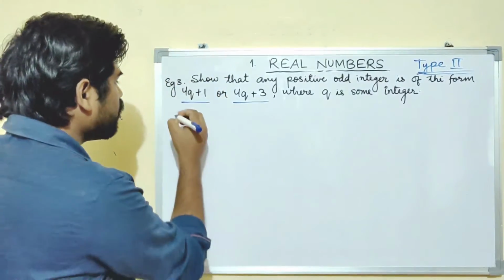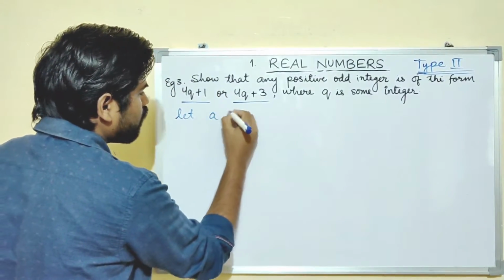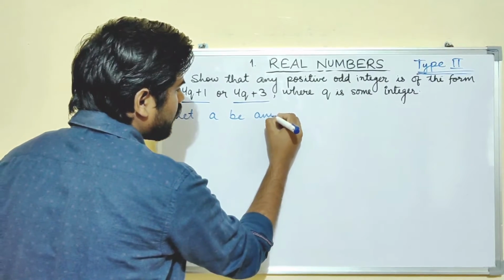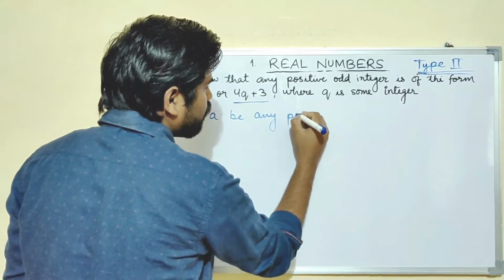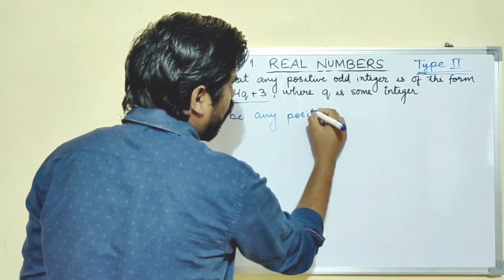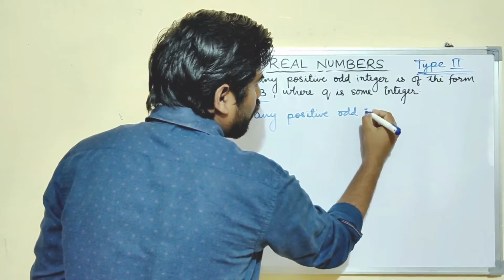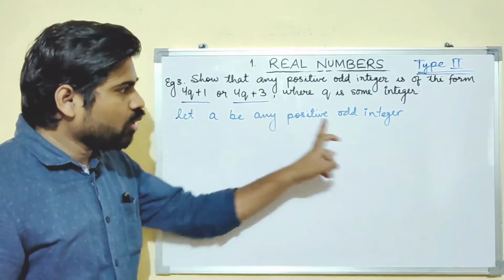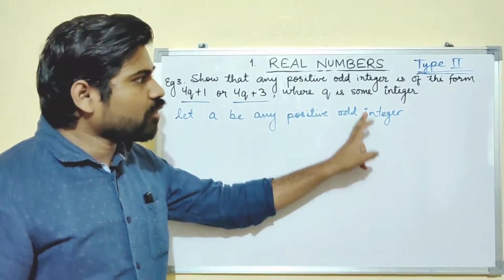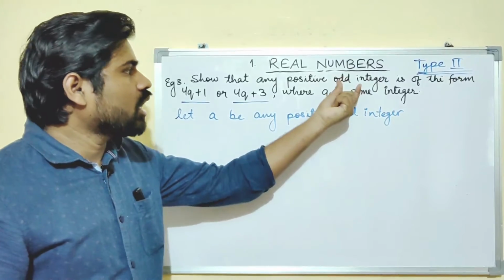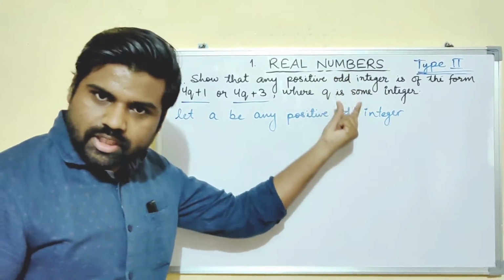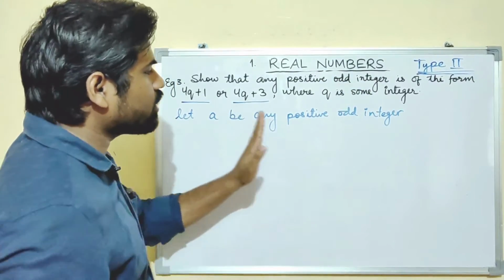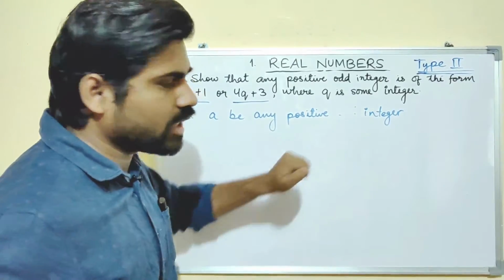Now we'll assume let a be any positive odd integer. We want only odd integers here, so we are assuming a to be a positive odd integer. If in the question it was said positive, odd as well as even, then we'd assume a as a positive integer.